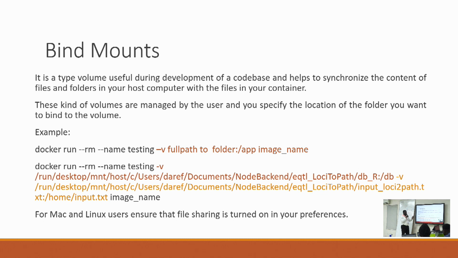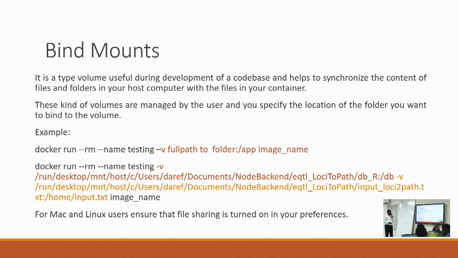We can also map a file. If you just want a file, not a folder, we can also map a file into our container. So this is the full path to a file, local path.txt. I'm mapping it to home/input.txt. If I want to map a file into my container, that's what I do.